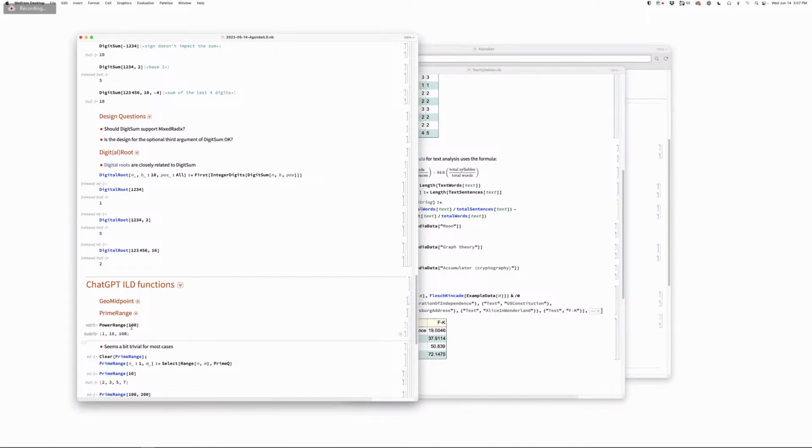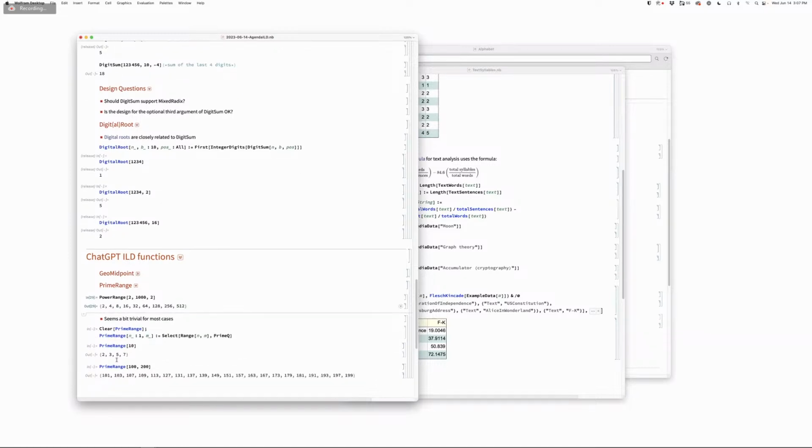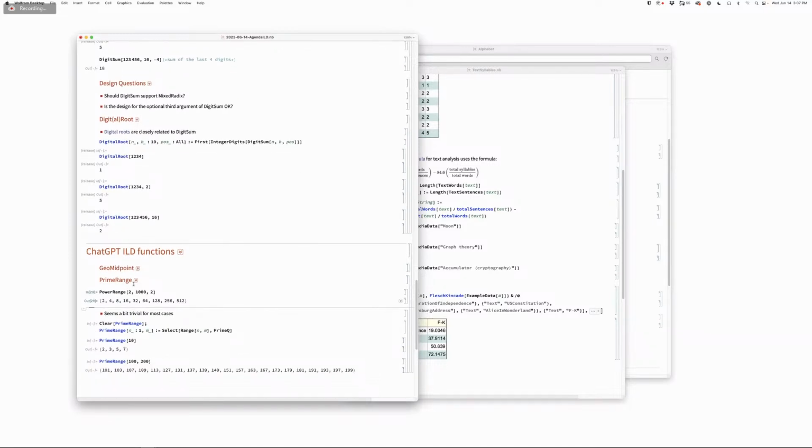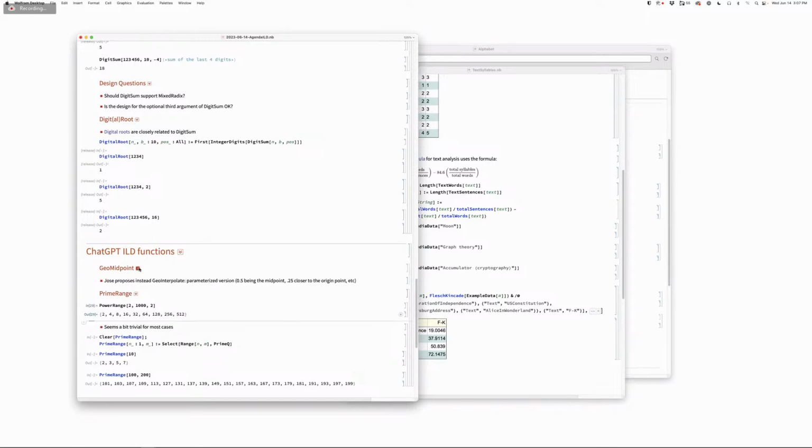Use 2 to 1000 or something like that. Right. Okay, so it's going up by powers of 10, or I can say go up by powers of 2. Yep. Okay. I mean, we can put PrimeRange in the function repository at least. Unless I'm missing something, it doesn't seem like the kind of thing we'd put in the core language.